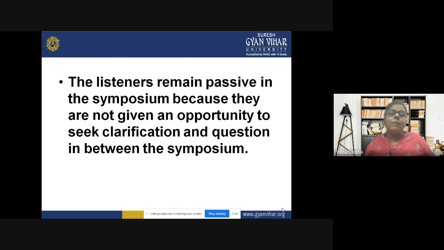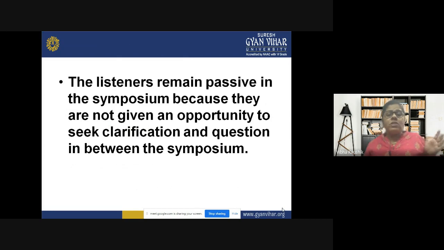The listeners remain passive in the symposium, which means the listeners are not actively participating. They are just passive listeners. They are just listening to what the keynote speakers are saying related to the topic or problem, because they are not given an opportunity to seek clarification.